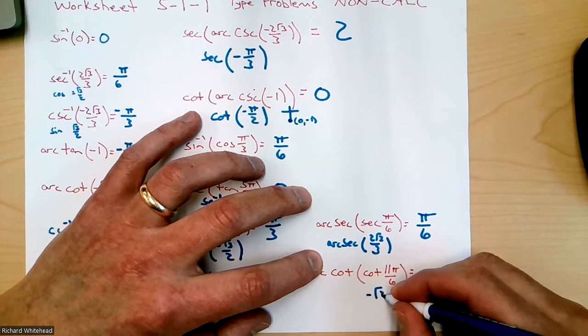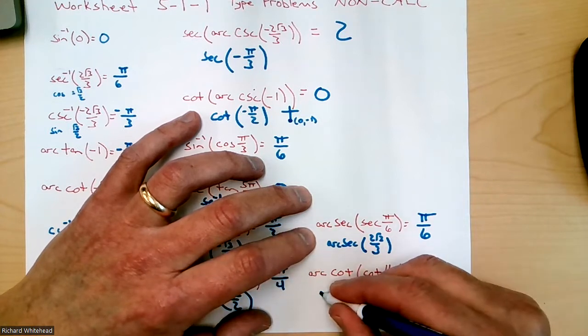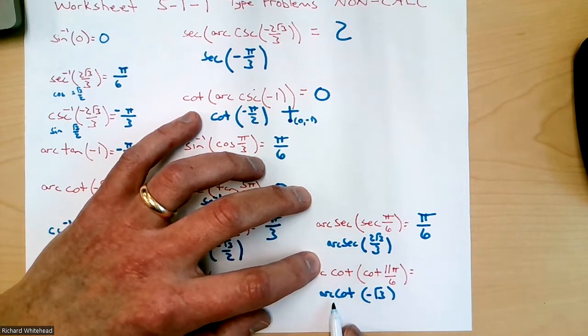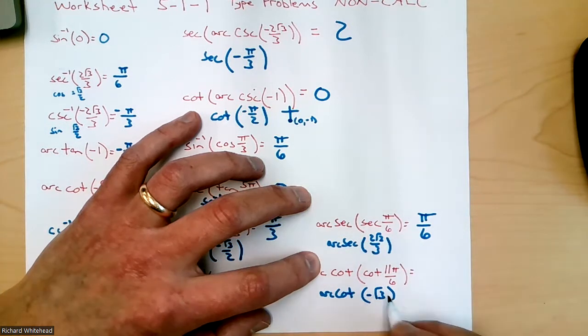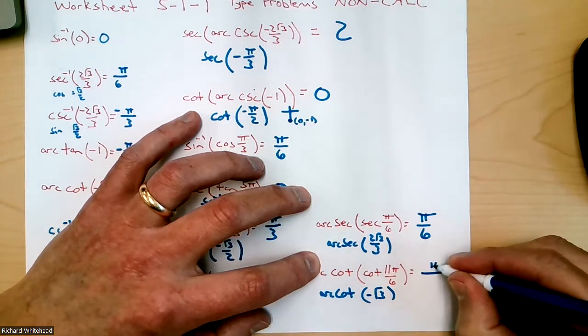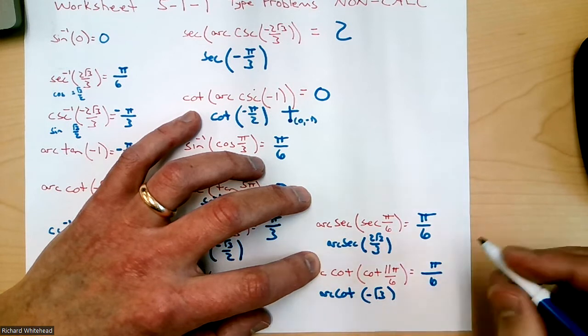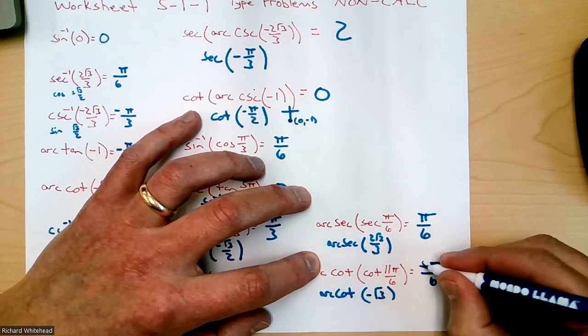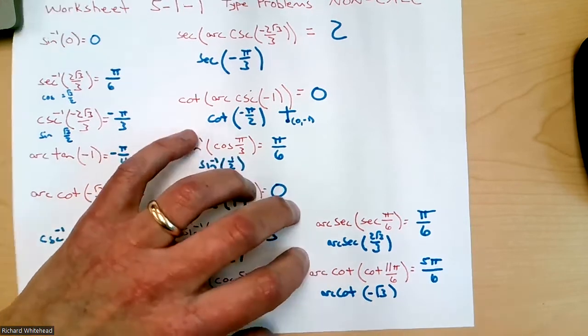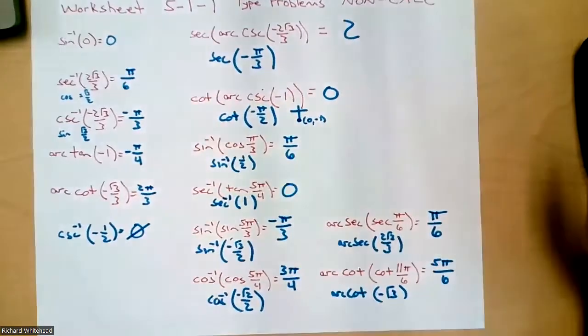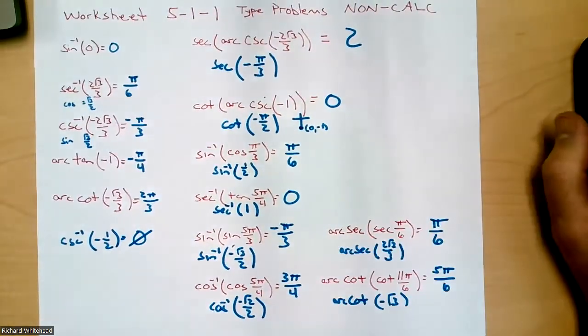That's going to be negative root 3. But then when I do arc cotan, what angle has a cotan of negative root 3? Cotan gets root 3 at pi over 6, but cotan of a negative goes into the second quadrant, so 5 pi over 6. So anyway, that's what you have to look at when you do the problems from worksheet 5.1.